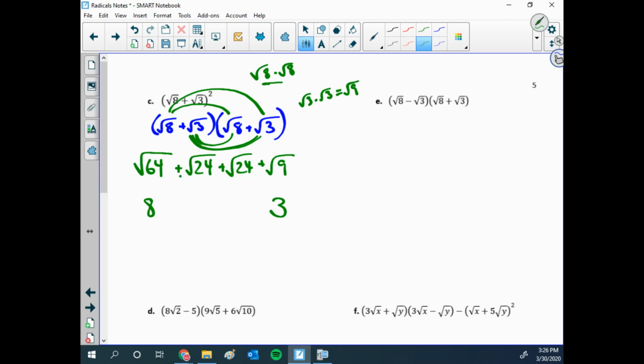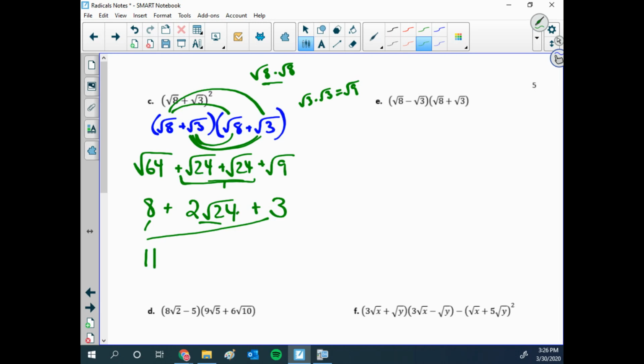The other thing that I can do here is combine those as like terms, because that would be 2 root 24, if I want to add those together. My final answer, however, should be completed by actually simplifying. So if you wanted to simplify up here or down here, it doesn't matter. So 8 plus 3 is going to come together to give me 11.